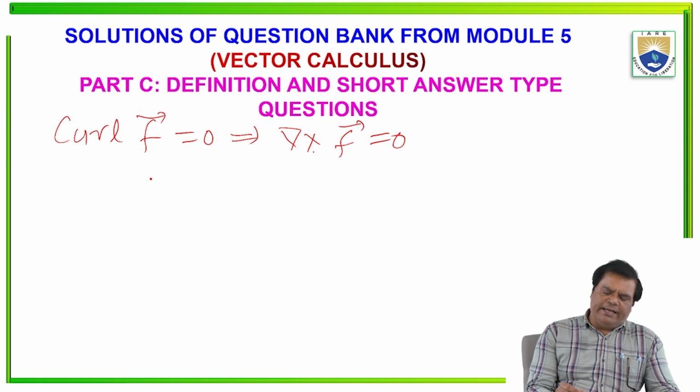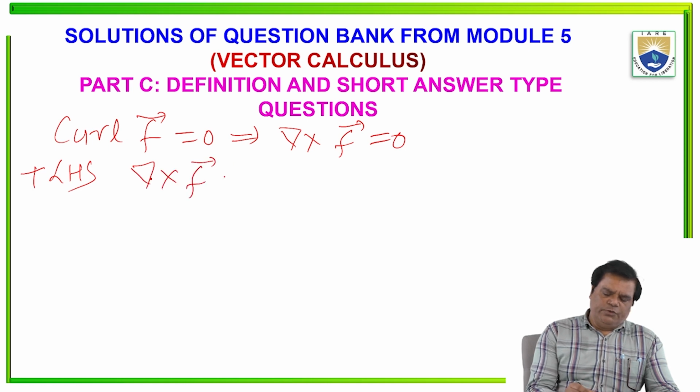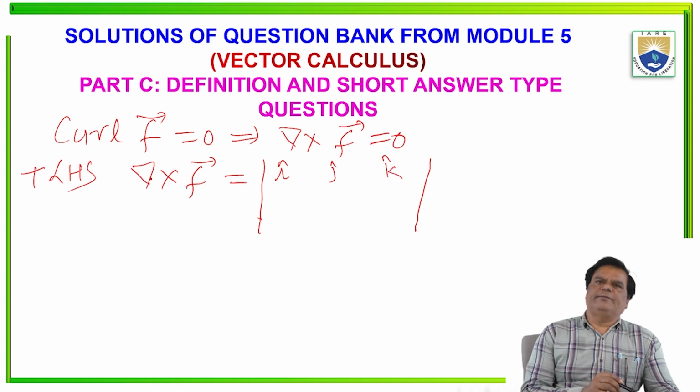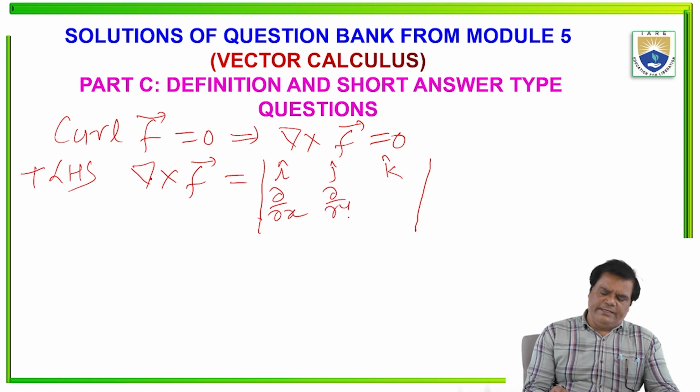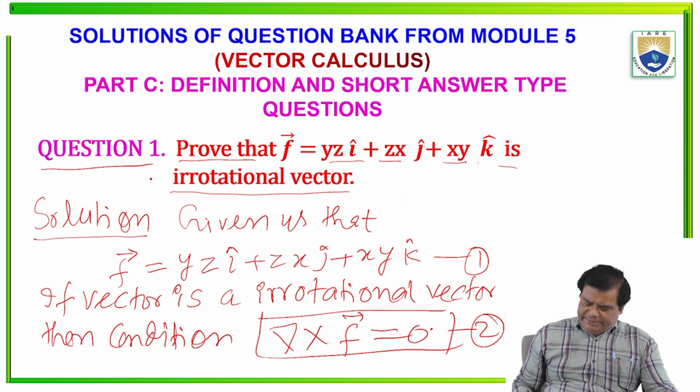So here the LHS, del cross F, equals the determinant with rows i cap, j cap, k cap; dou over dou x, dou over dou y, dou over dou z; and yz, zx, xy.